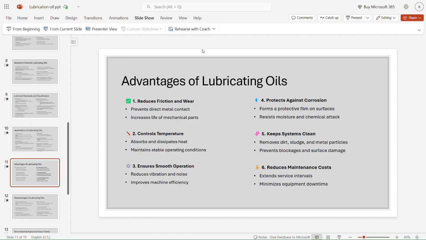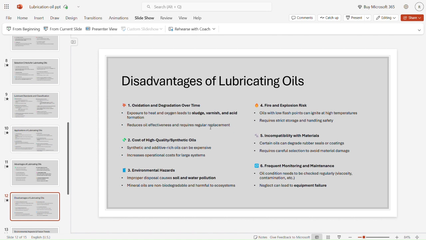There are some advantages of lubricating oil. It reduces friction and wear, controls the temperature, ensures smooth operation, protects against corrosion, keeps the system clean, and reduces maintenance cost. These are some advantages of lubricating oil. Next are the disadvantages.